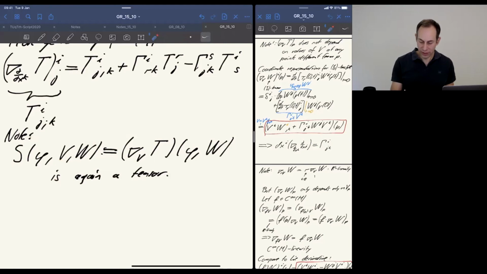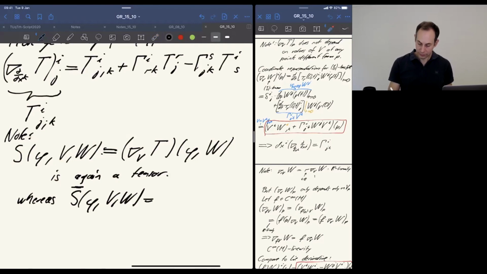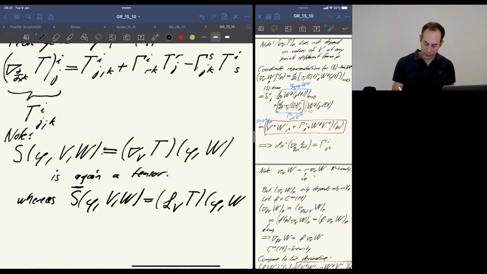I could have replaced the covariant derivative in this expression with an L for Lie derivative, so let me write this down so that you remember: I could have defined S bar as the Lie derivative of T in direction V, evaluated at phi and W, and that is not a tensor.